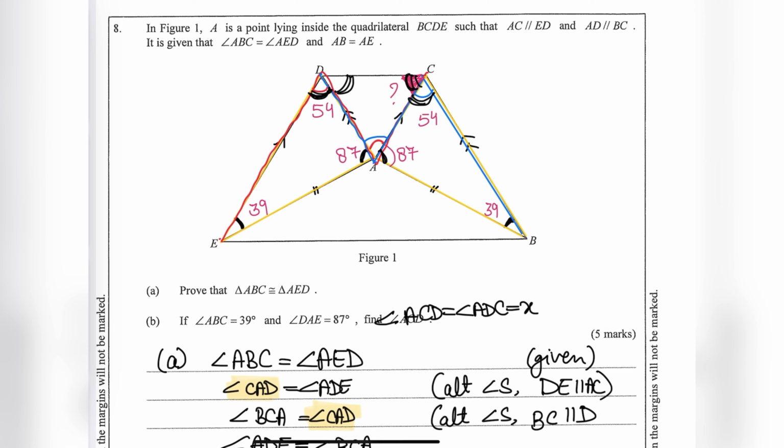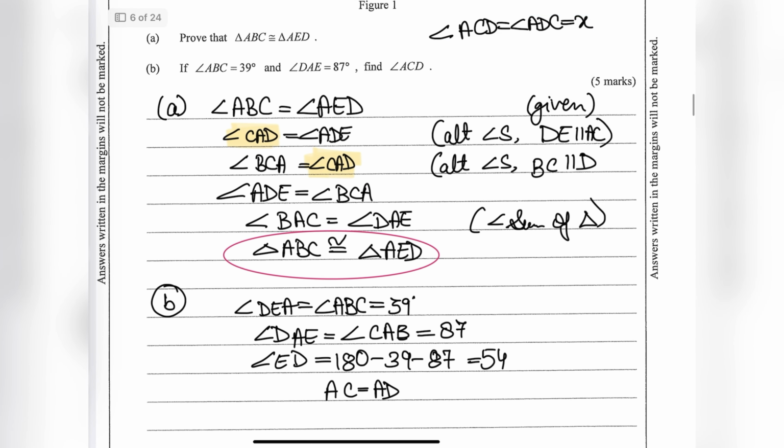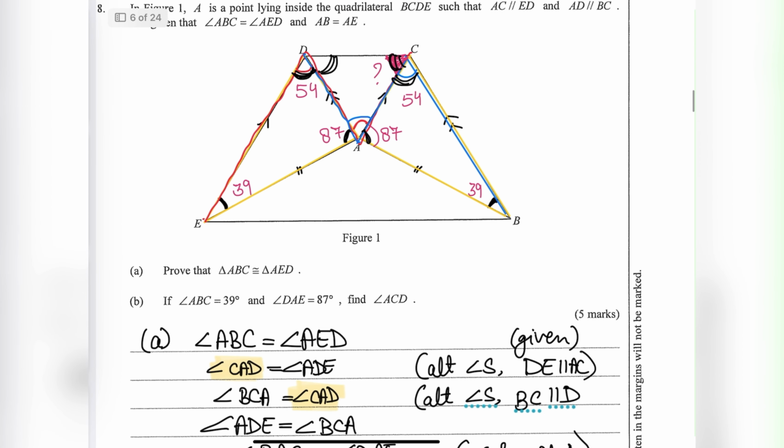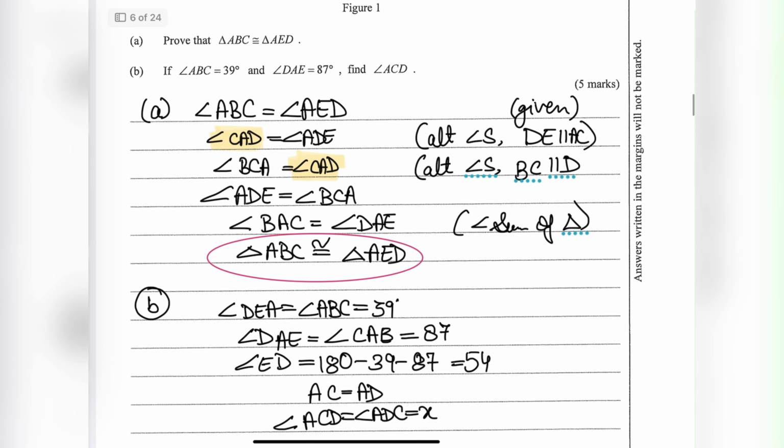Now we know the other angles, so by the sum of the triangle, we can find how much ACD is. Also this angle CAD is 54 because of the alternate angle.